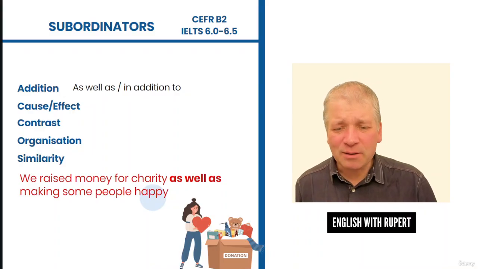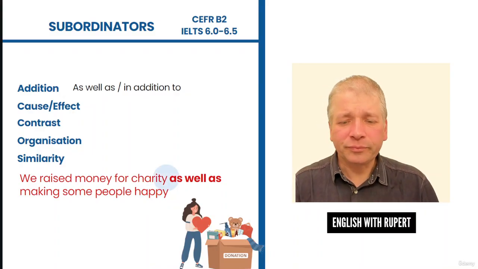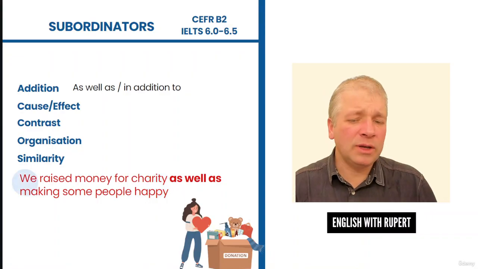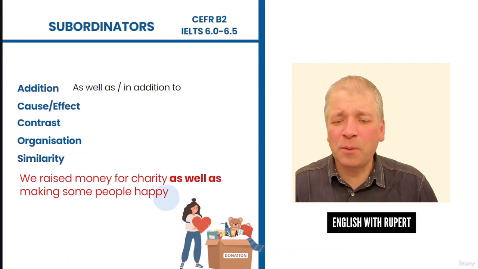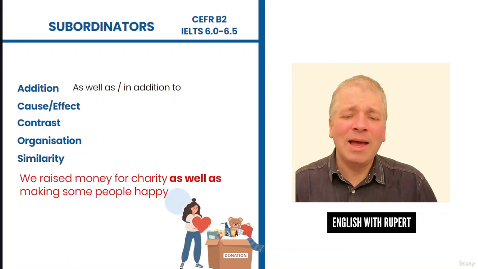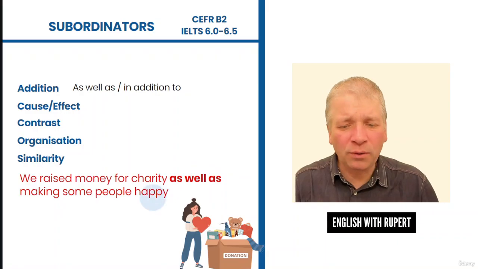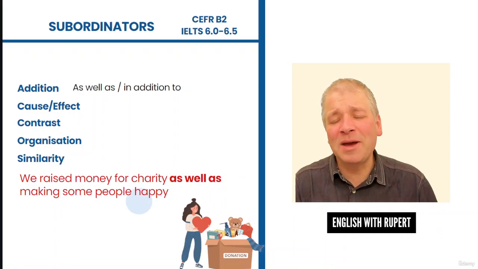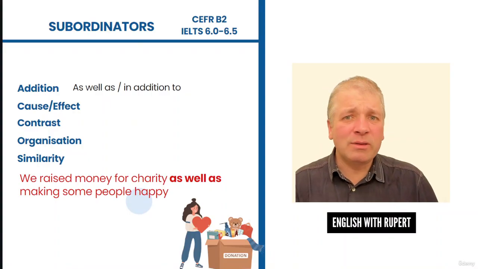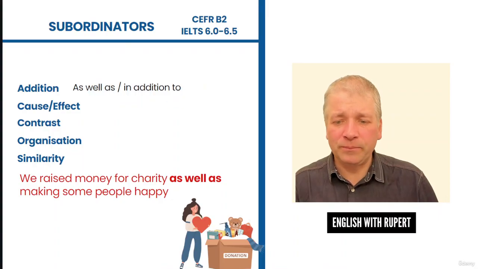It depends on the first part, because we don't know that it's to do with we here. So if you put a full stop at the end of making some people happy and deleted the rest, it wouldn't make sense. It depends on the first sentence. So as well as tells us we've got some information following which is similar but depends on the first sentence. And we could have used in addition to as well.